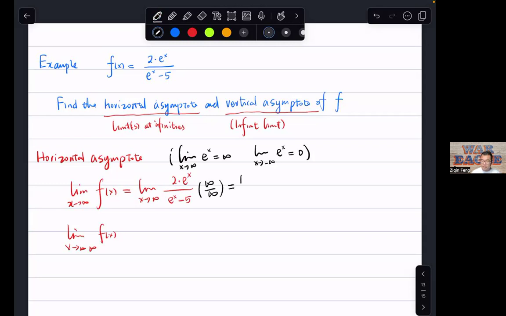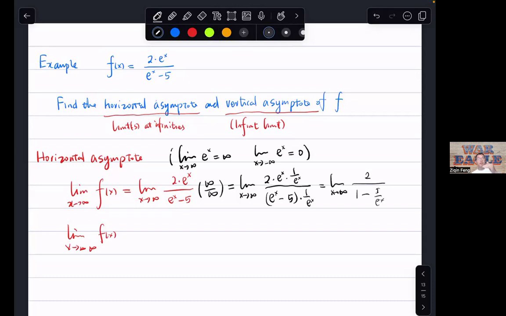So we want to put the infinity term into the denominator to evaluate the limit. The infinity term for sure is e to x, so we divide both numerator and denominator by that term, multiplying by 1 over e to x. So as x goes to infinity, you get 2 over 1 minus 5 over e to x.